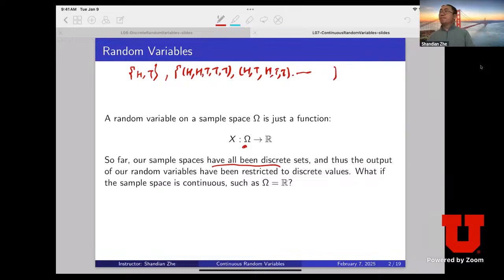Does it make sense? Right? So you see that, okay, all those sample spaces are discrete and finite. Right?